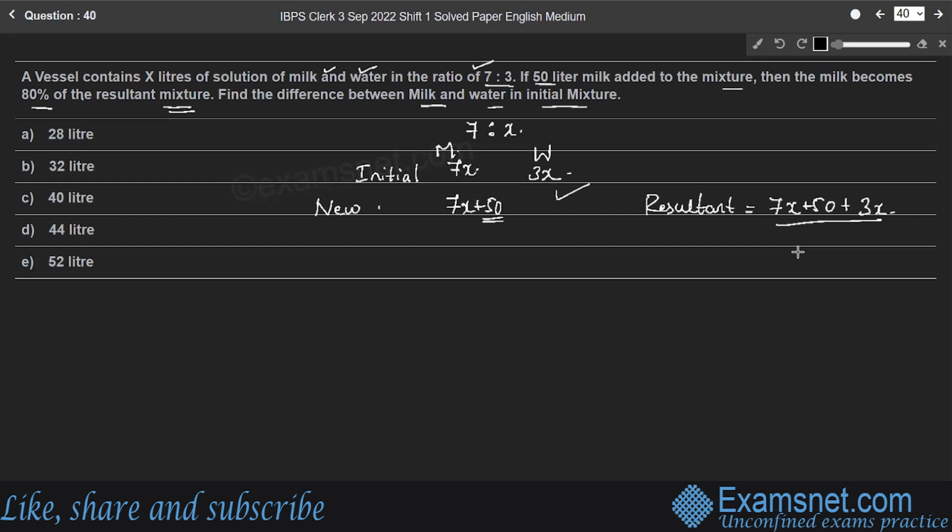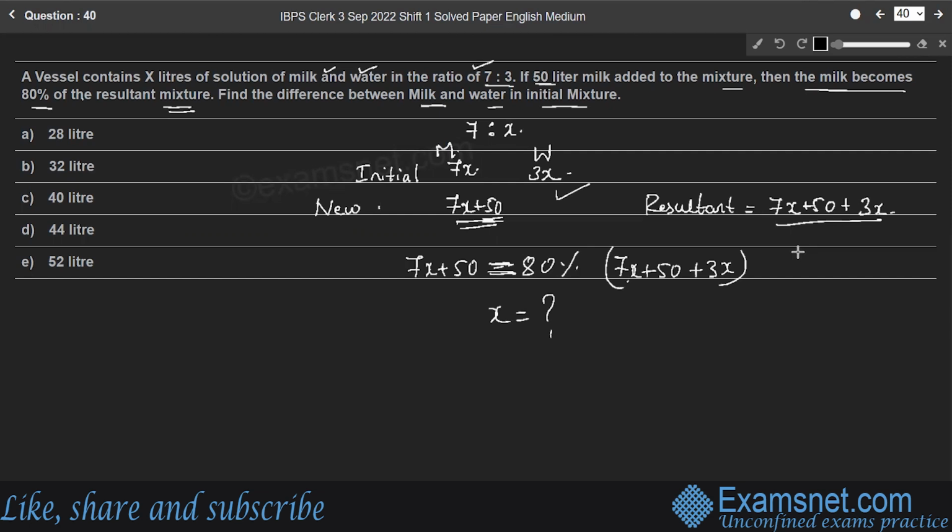The new quantity of milk, 7x plus 50, becomes 80% of the resultant mixture, 80% of 7x plus 50 plus 3x. Using this equation, we need to find the value of x.